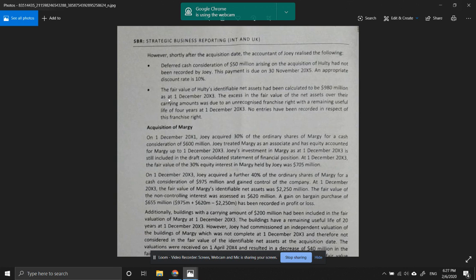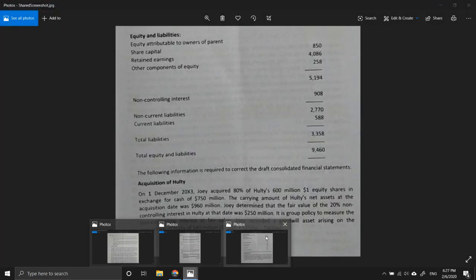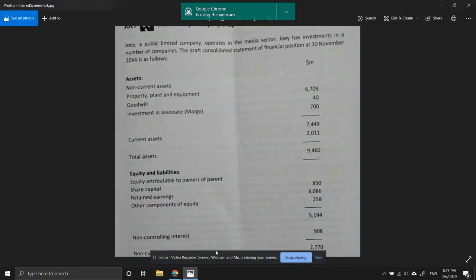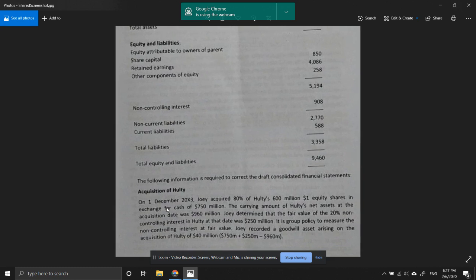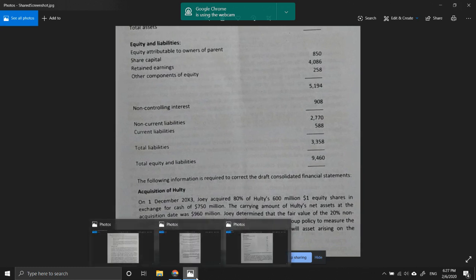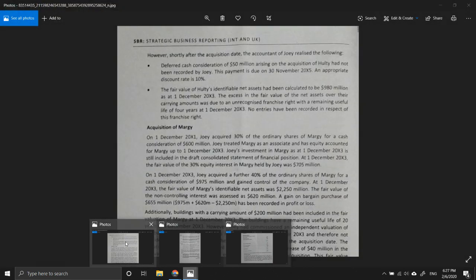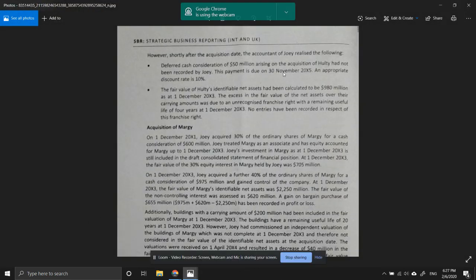Currently we are at 30th November 20x4. It was acquired in 20x3 and is payable on 30th November 20x5, so we need to discount it by 2 years at 10%.